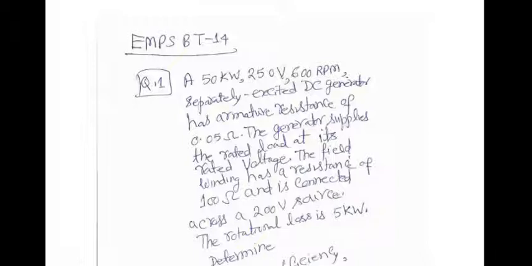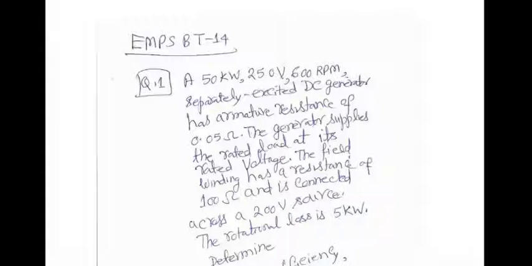A 50 kilowatt, 250 volt, 600 RPM, separately excited DC generator has armature resistance of 0.05 ohm. The generator supplies the rated load at its rated voltage.